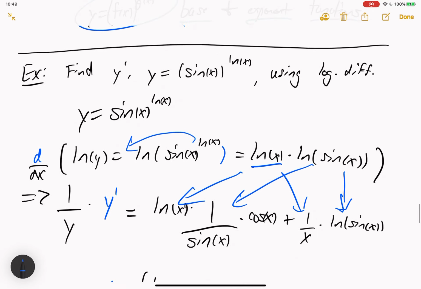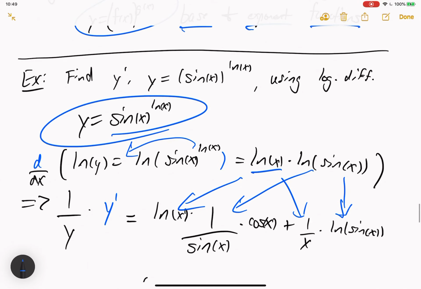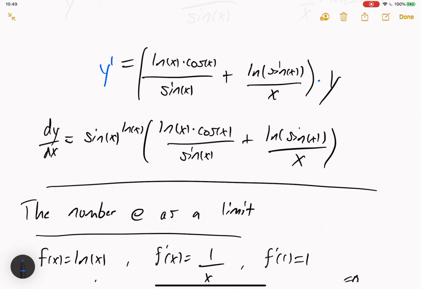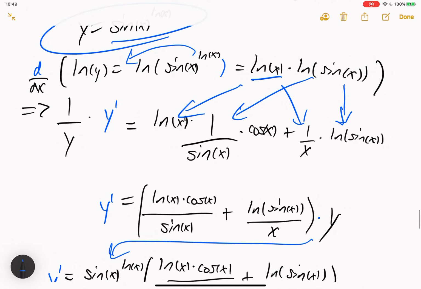And remember that y is equal to sine of x raised to the ln of x. Even though I wrote it right there, it's because I ran out of room. But I moved it to the left-hand side, so y prime would be equal to sine of x to the ln of x, times all of this stuff. And all I did here was combine some terms together.